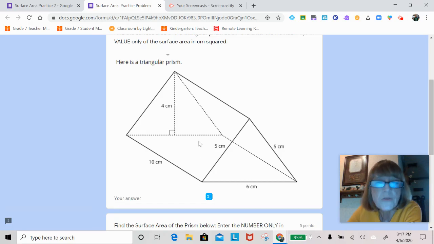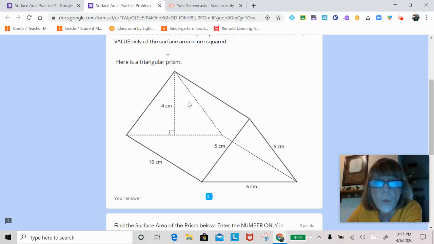Sides across from each other are always equal. So if this side of this triangle is 6 centimeters, then this side is 6 centimeters as well. There's my 90. That means 4 times 6 is 24. So both of these triangles' area is 24 centimeters squared.